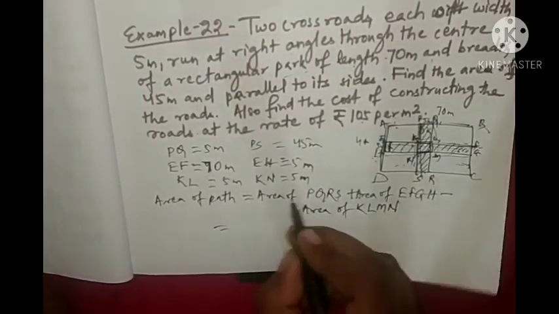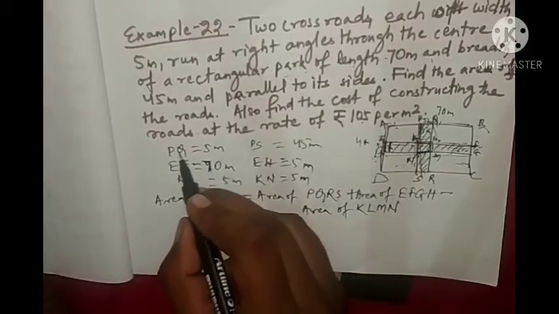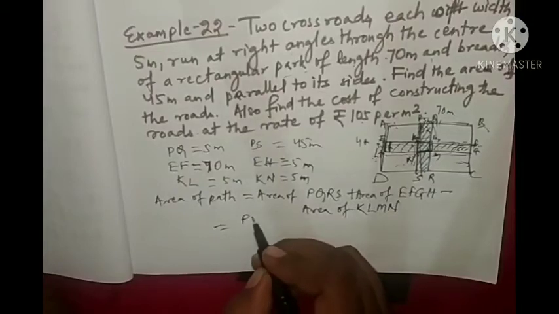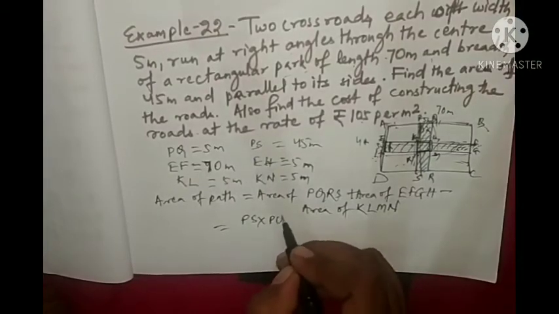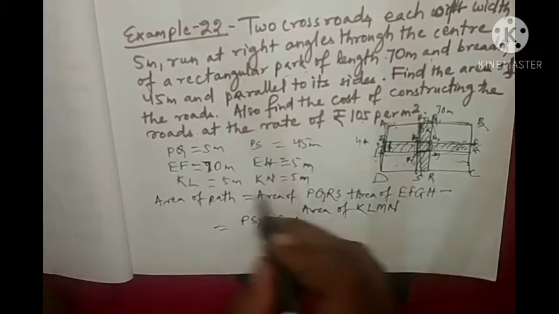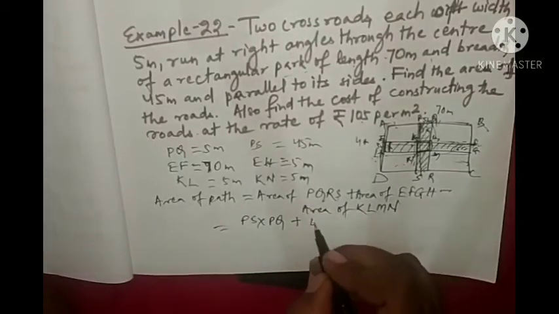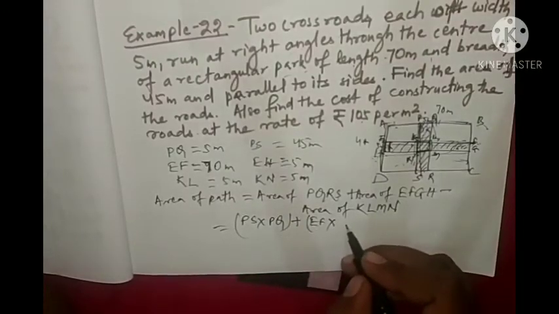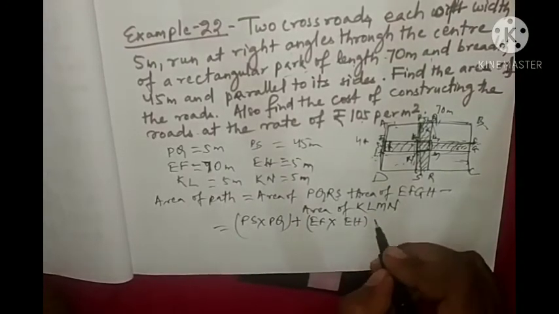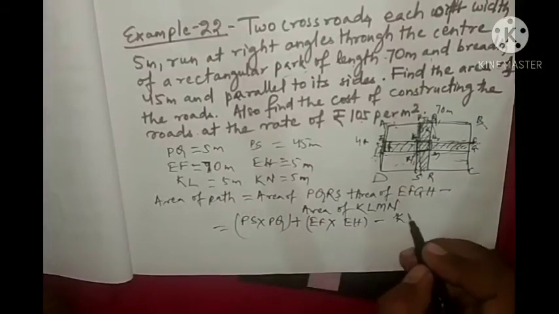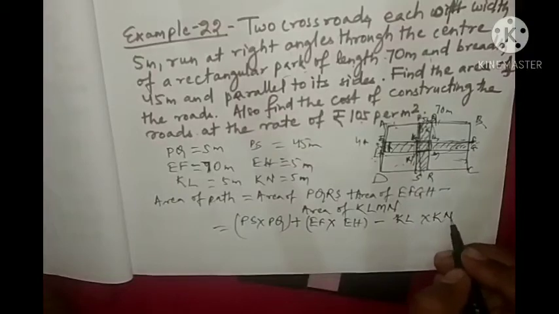Area of PQRS is length into breadth, PS into PQ, plus area of EFGH, EF into EH, minus area of KLMN, KL into KN.